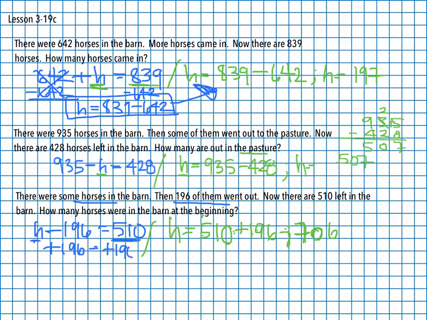So I'm going to get H is equal to 510 plus 196. If you notice, boys and girls, this equation is exactly the same as this equation. So our solution equation is just what we do to solve our situation equation.